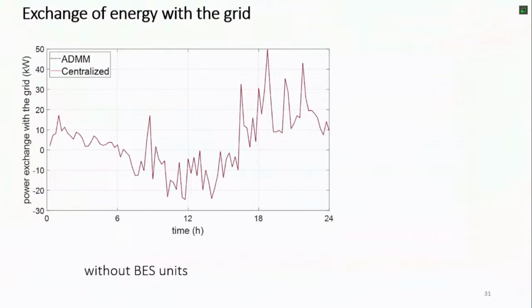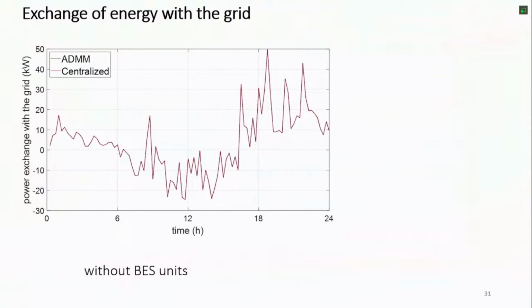Exchange with the grid. So you see that in some periods, globally, the local energy community absorbs power from the grid. Then there are other periods in which it is negative, so it means that it injects power to the grid because there are a lot of photovoltaics and the load is low.